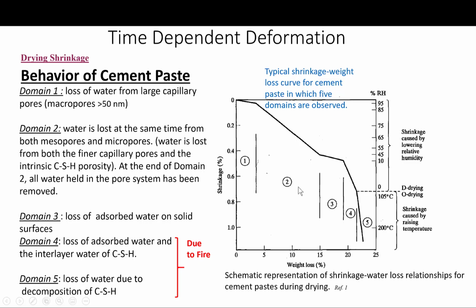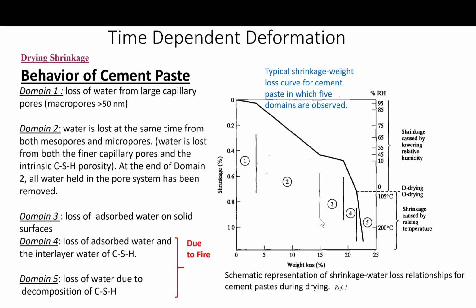In domain 2, water is lost at the same time from both mesopores and micropores, meaning water is lost from both the finer capillary pores and the intrinsic calcium silicate hydrate gel porosity. At the end of domain 2, all water held in the pore system has been removed.